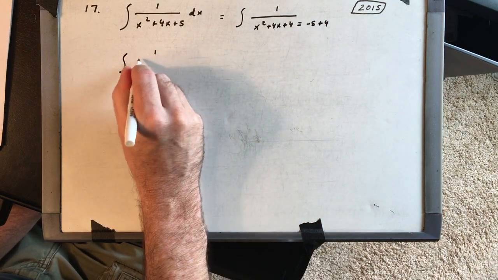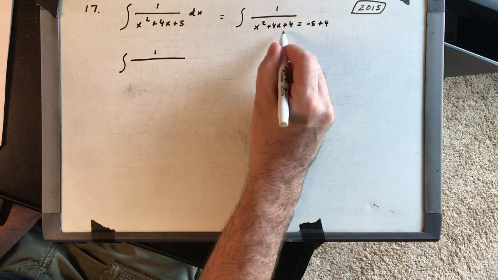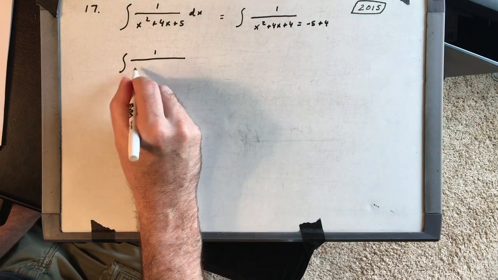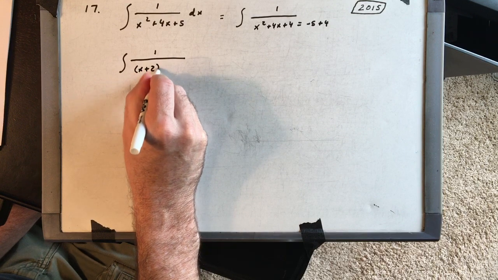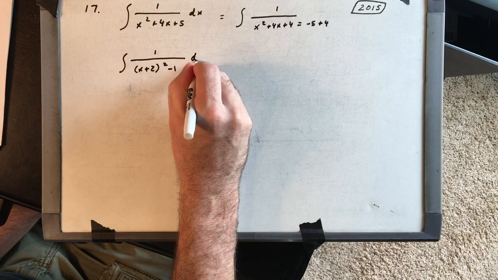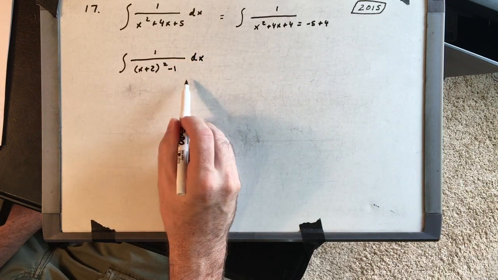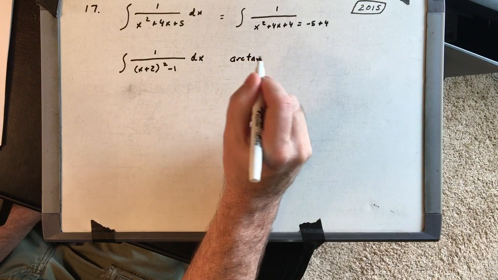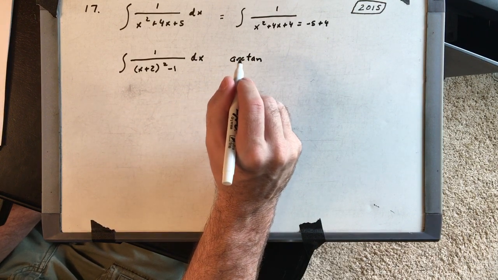All right, so that's 1 over, and then what you're getting here is x plus 2 all squared. That was the whole point. And then -5 plus 4 is -1. And then maybe it's easier to recognize that, hey, that's arctangent. And they only gave you one arctangent, and it is A.